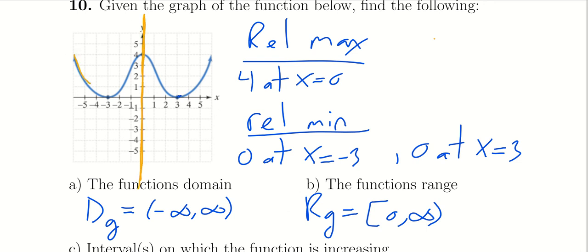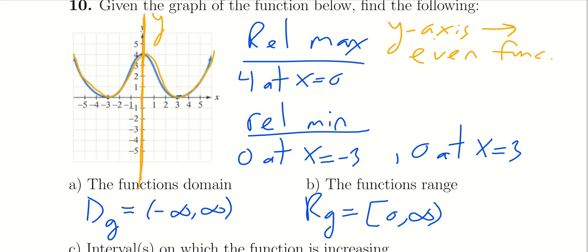What you would see is that the graph would perfectly match up. That means that this graph has y-axis symmetry, which means that it's an even function. So y-axis symmetry is indicative of even functions.